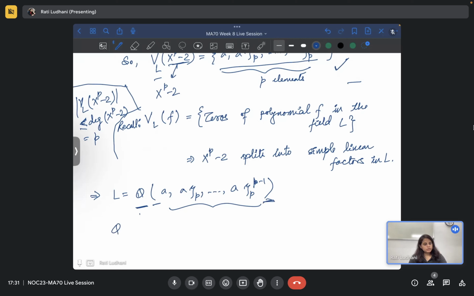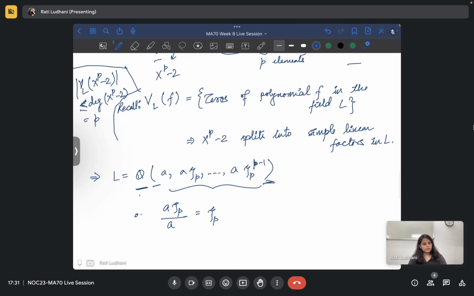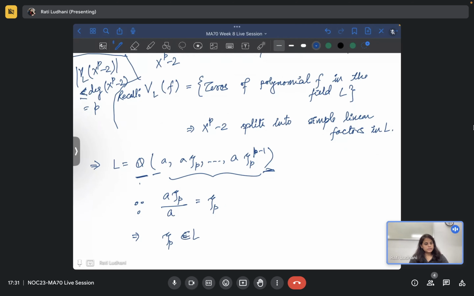Okay, so now let's see. Firstly, since this by this is equal to zeta p, this implies zeta p belongs to L, because A is there, A zeta p is there, so zeta p will also be there.